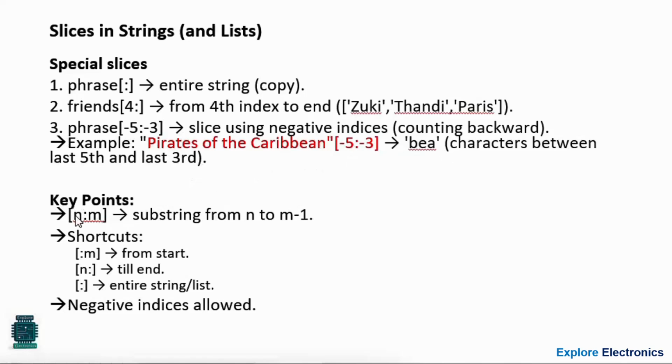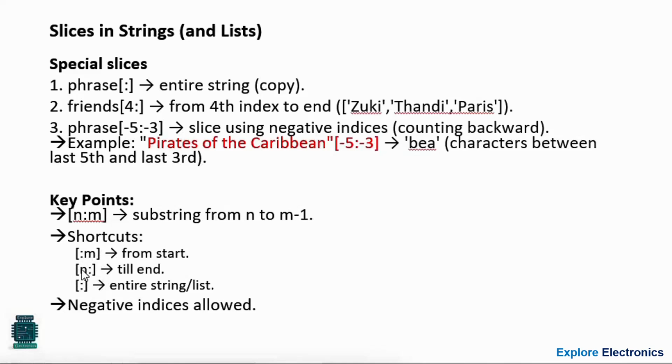Here the key points are N colon M means it is a substring from N to M minus 1. If I take 0 to 5, there are 5 characters in the string. Here, this example, the shortcut we use whenever we want to access from the start to this particular element or item.